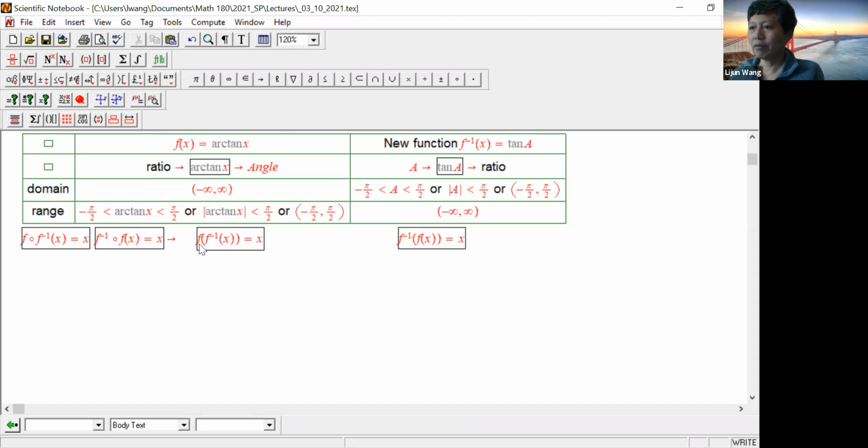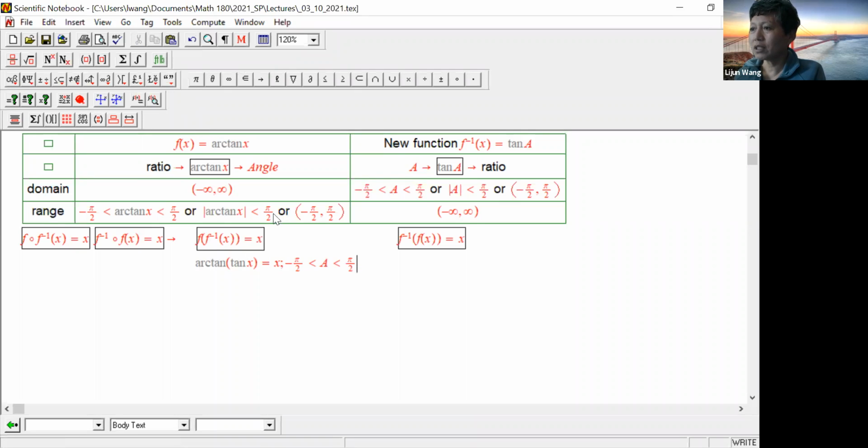Okay, F is arctan, F inverse is tan. It's going to be equal to X. But this X, which is in the place of A, is being constrained. It's in here.